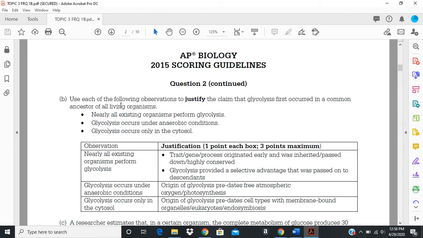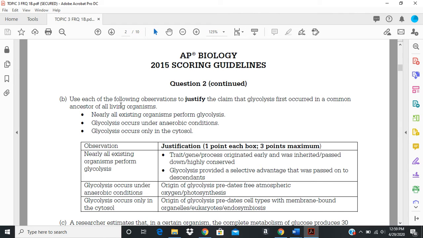Okay, second part. It says, use each of the following to justify the claim that glycolysis first occurred in a common ancestor. So we know that glycolysis happens in all existing organisms, right? And this shows that it was an advantage, and that gene or whatever the process, the traits, they formed early on, and they were passed on. We know glycolysis happens under anaerobic conditions because glycolysis happened before there was oxygen.